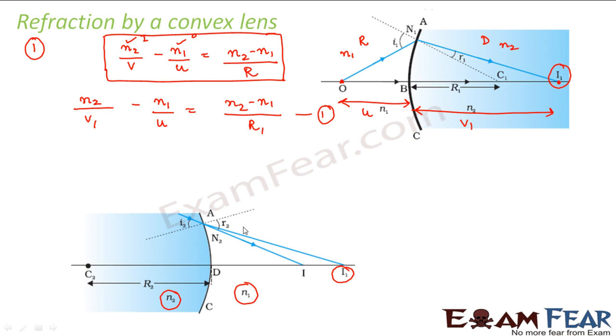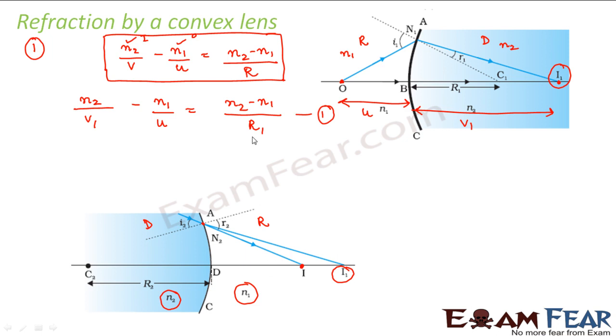The ray of light from this object looks as if an incident ray is coming in this way. When the incident ray comes here, it is moving from a denser medium to a rarer medium. As a result, it moves away from the normal. This is the normal, so it moves away from the normal and meets the principal axis at this point, and therefore the final image is formed here.